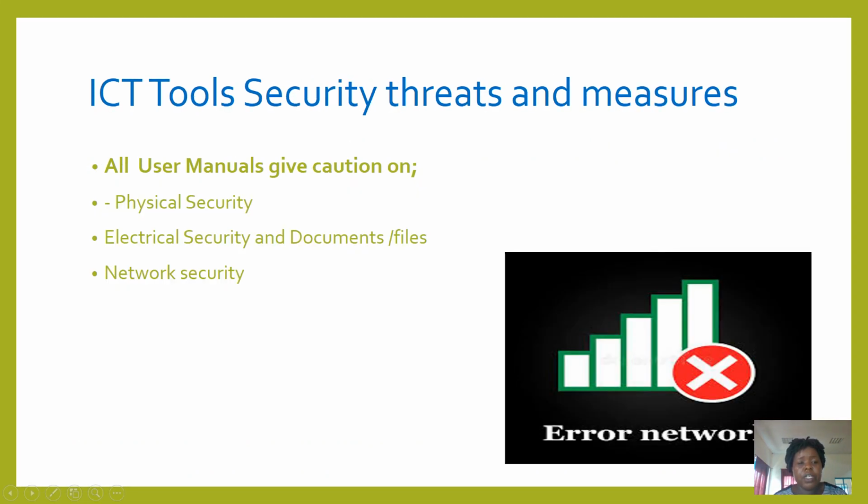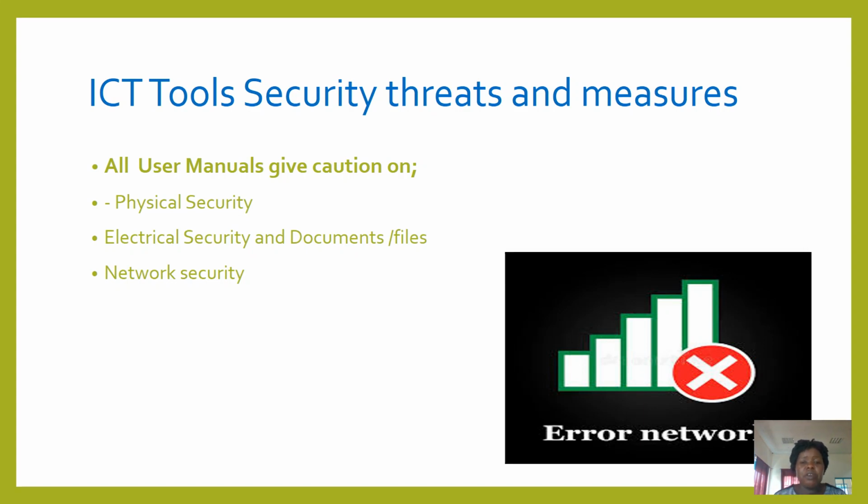Another thing that we need to take note of is that under the ICT tools, security threats and measures, the user manuals that we use are categorized into three. There are those that are cautioning us about the physical security, others are cautioning us about the electrical security and document files, and others are cautioning us about the network security.